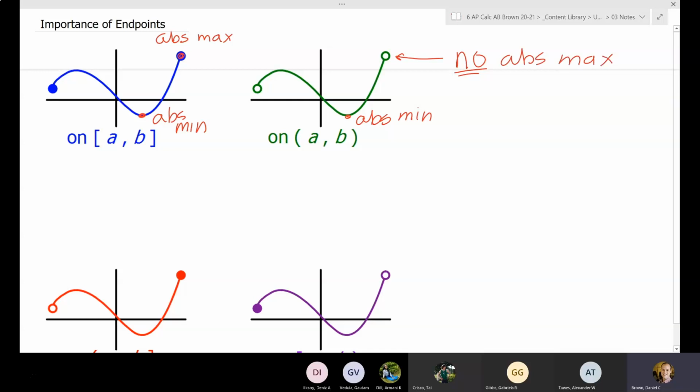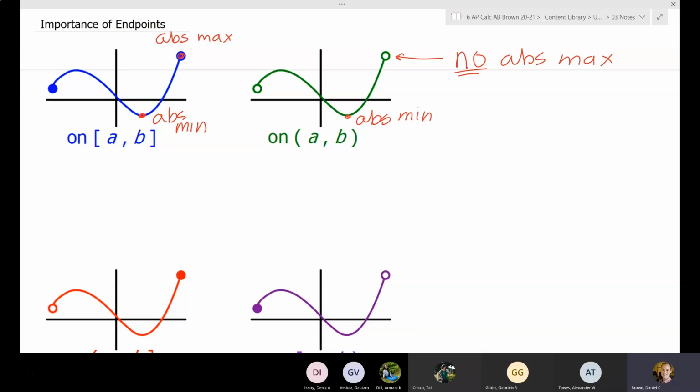Which might sound weird because you're like, well, if there's an open circle, there's a point right below that open circle that could be the highest point. But in math, you have to think about what that open circle means. When we draw that open circle, it means that you are going to get closer and closer and closer to that open circle, but you'll never be able to reach it, because you can always find some decimal that's slightly closer to that open circle.